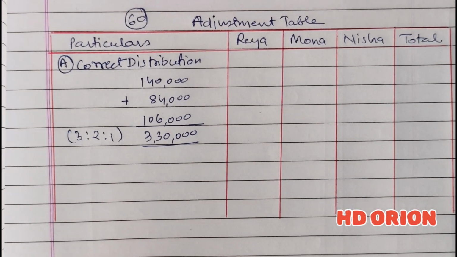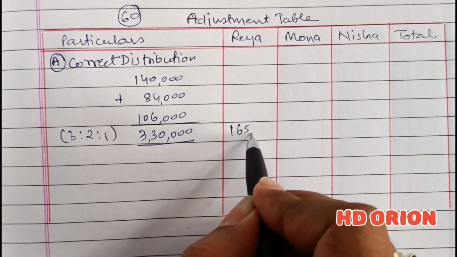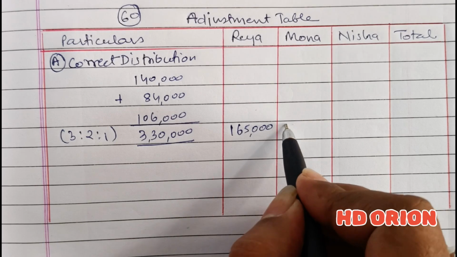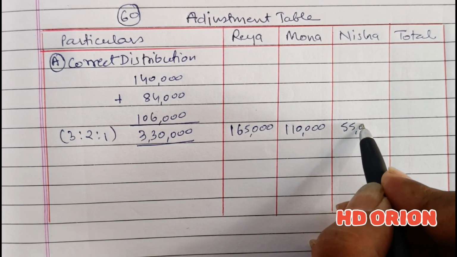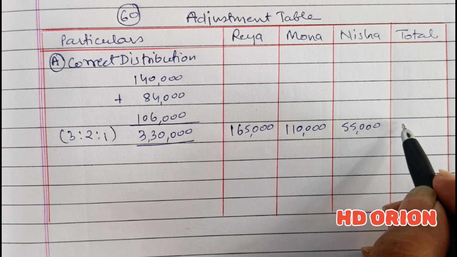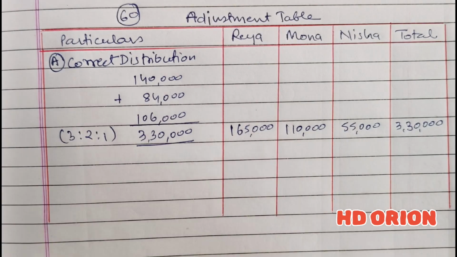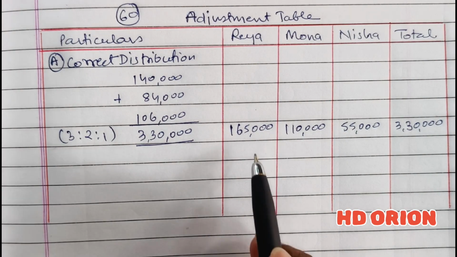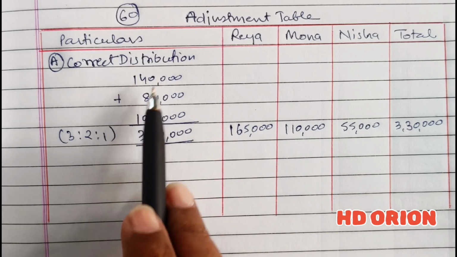So when we distribute it correctly, Ria will get rupees 1,65,000 and then 1,10,000 and 55,000. This was supposed to be given to them, but unfortunately they have distributed it in a wrong ratio. So these are the amounts they were supposed to receive as per correct distribution.